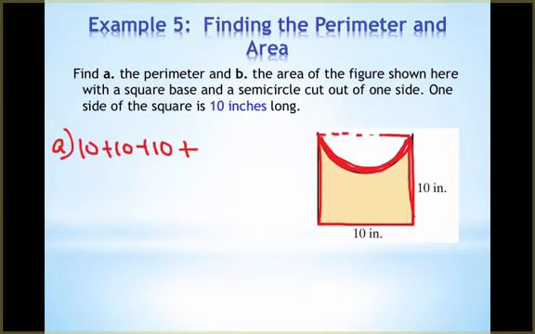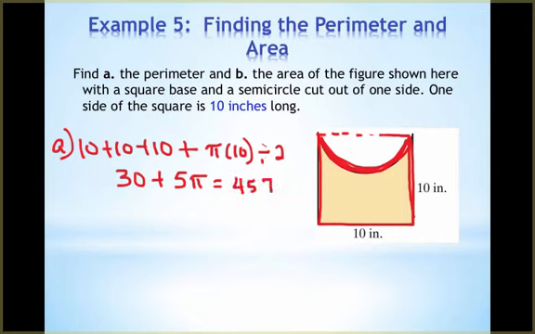So that's going to be pi times the diameter. But that would be if I had a whole circle, so I'm going to divide that by 2. So that gives me 30 plus 5 pi. And then using my calculator, I can get that that is 45.7. And that was measured in inches. So my units would just be inches.